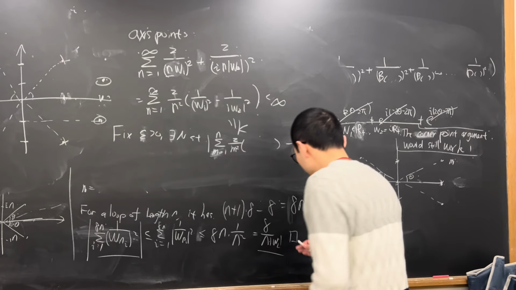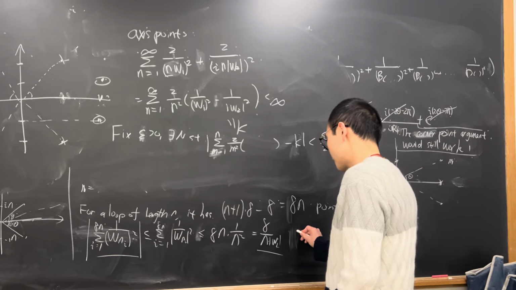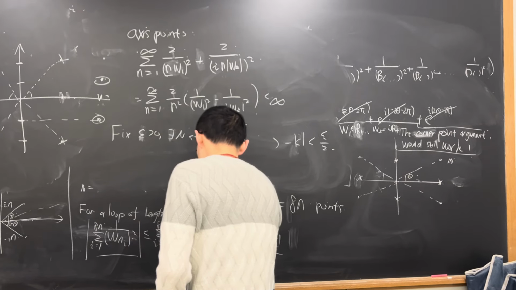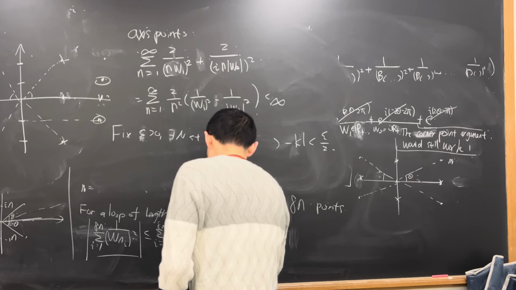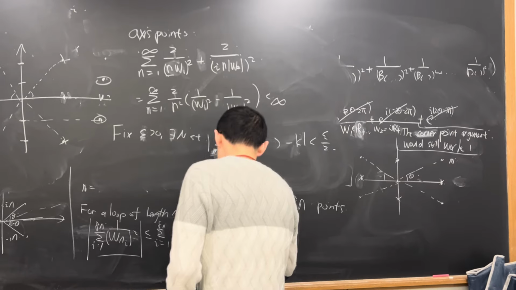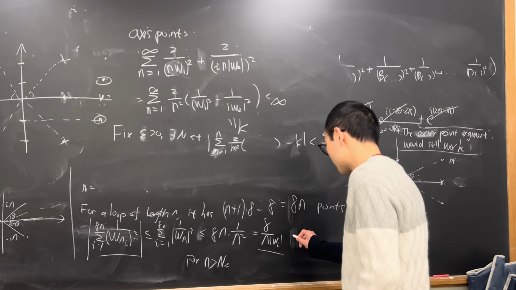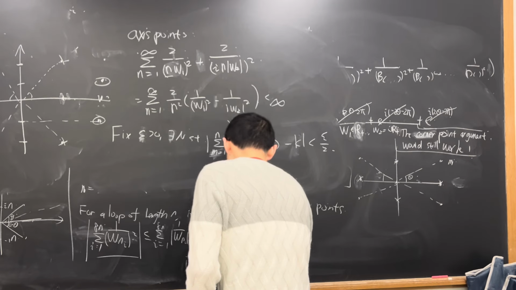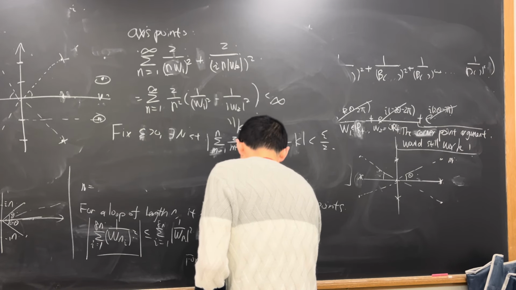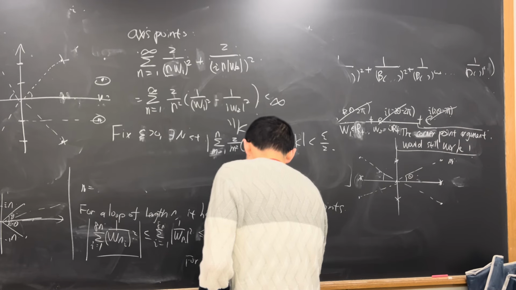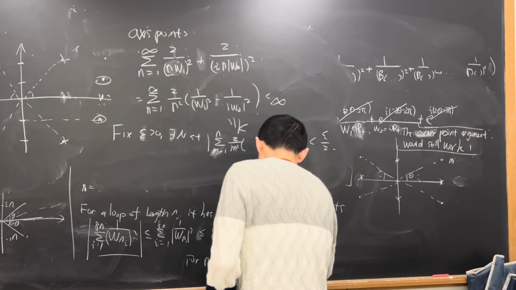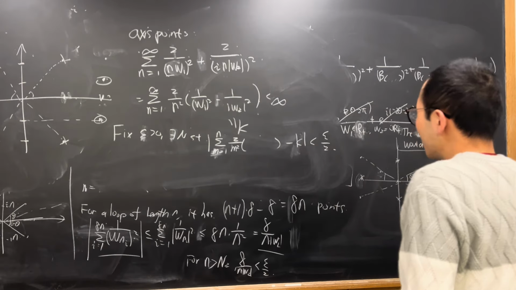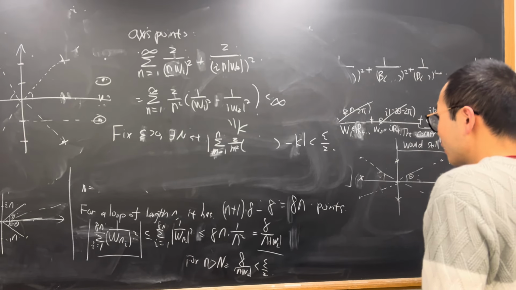Okay, so here I want it to be, for n large, maybe let's say bigger than n2, then I want to say that this is less than epsilon over 2. Okay. So now it picks the n1, n2 that is big.